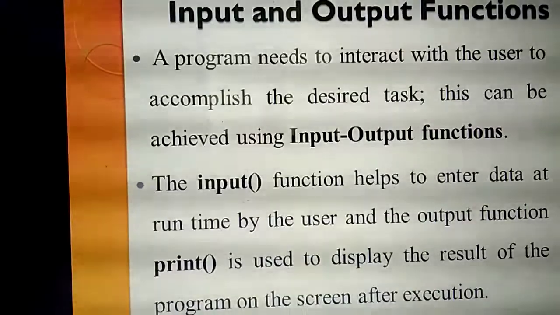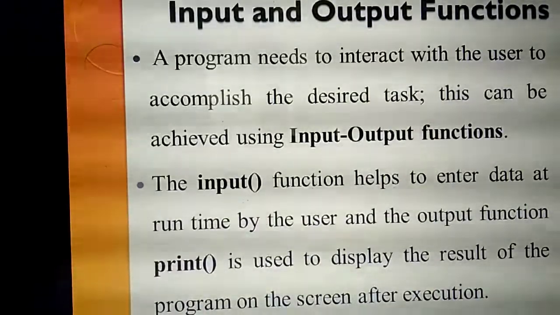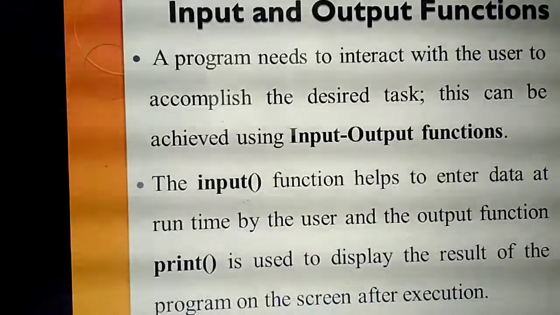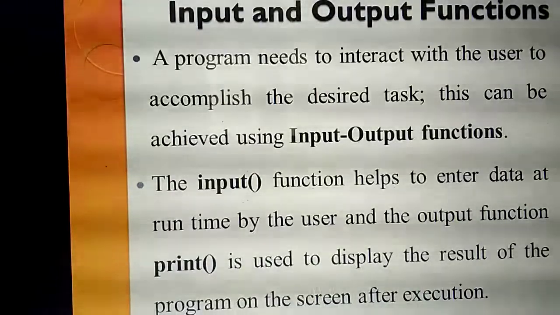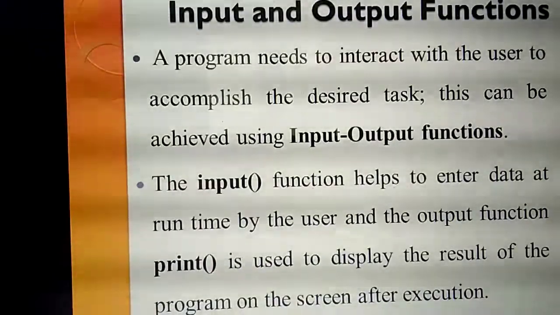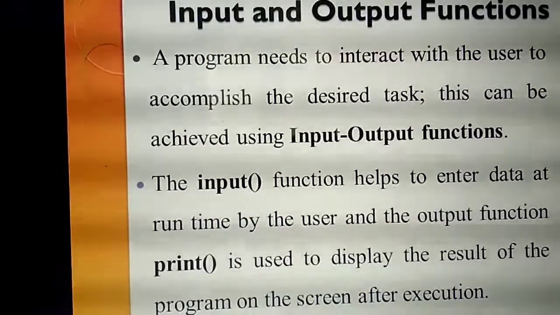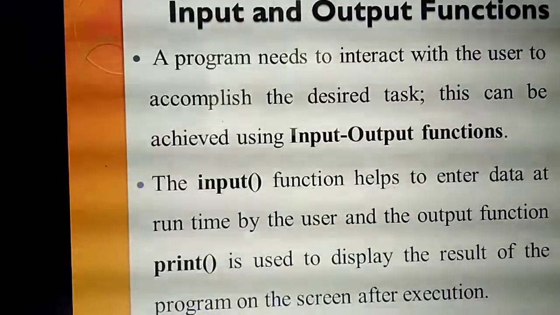Understand what input and output functions mean? The user needs to interact with the mobile phone or computer to perform a particular task. That can be achieved by using two kinds of functions. What are they? Input function and output function.